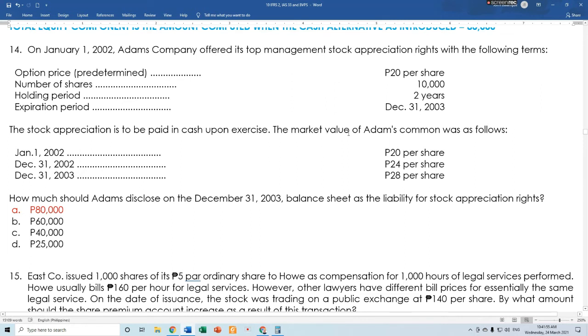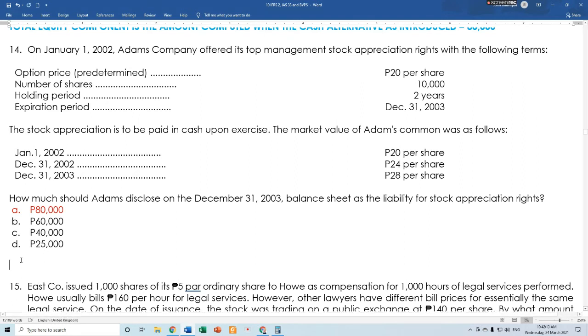The market value of Adams common shares, okay, was as follows. So, 2002 ng January, 2002 ng December, to 2003 ito. Okay? So, basically, madali lang naman to, straightforward naman yung computation niya. Magkano ba yung appreciation? Okay?